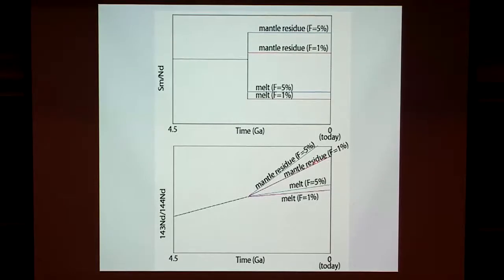So if you melted the mantle residue in the past, say you look at 180 million year old oceanic crust, those morbs would be plotting up here, right? Because they've been given time to have 143 ingrow as 147 samarium decays. So morbs erupted 180 million years ago would be over here. Yeah, that's right. Thanks.